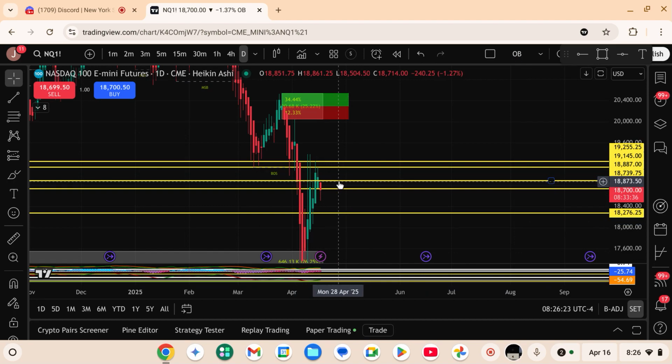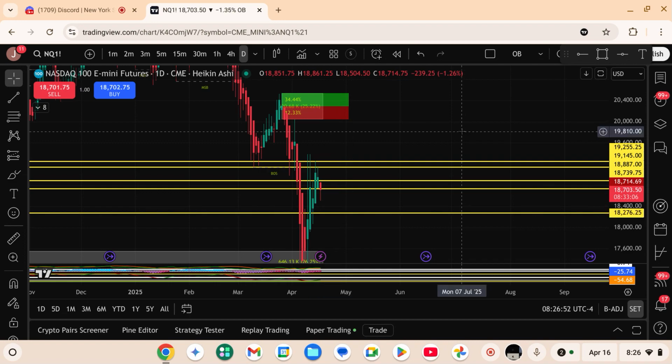So based off of how price looks trapped from this high to this low, right here to here, if it breaks out of this high, it's going to target this breaker structure right here. If it breaks out of this low, it's going to target this low here.